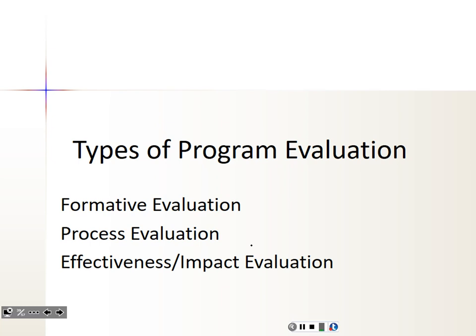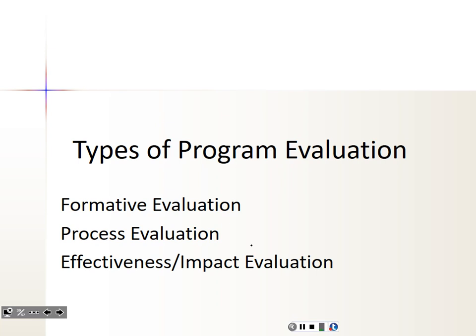This is a science in and of itself. In our doctoral program, for example, we teach a semester-long course on program evaluation, on the methods and the approaches to program evaluation, but I will try to cover again the concepts today.